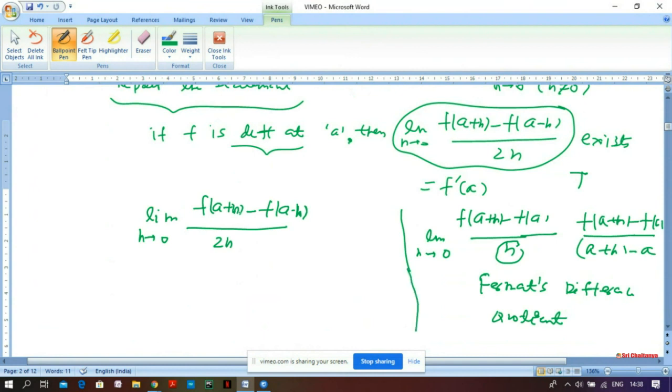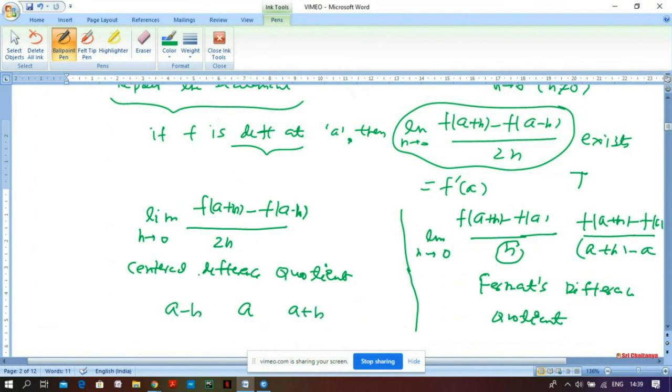This is a similar looking term, but it is called the centered difference quotient. Why? Because it is centered around a. See, this lacks symmetry. This has some symmetry because around a, this is a plus h and this is a minus h.